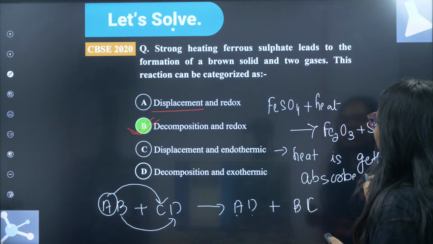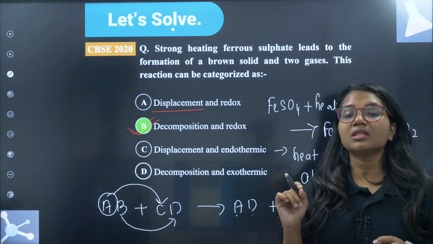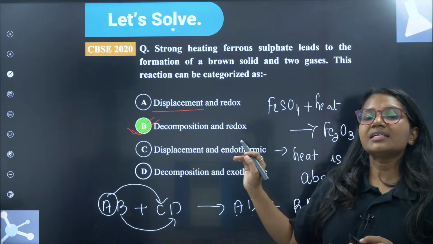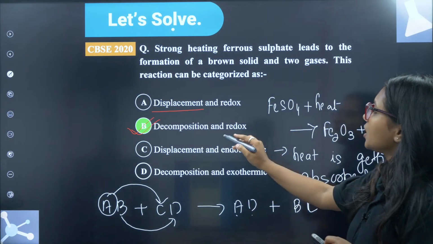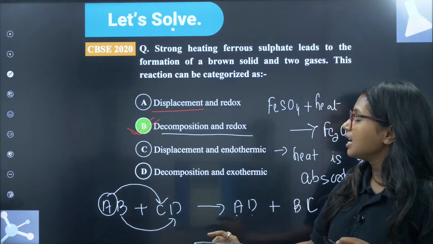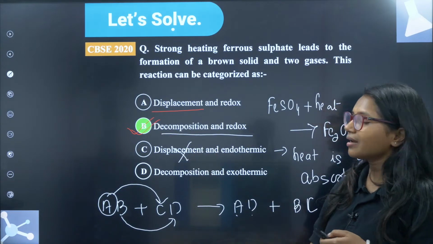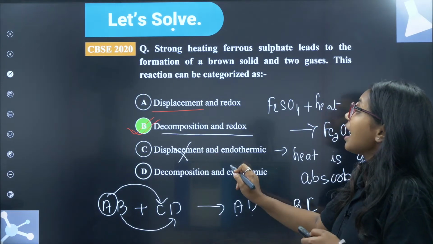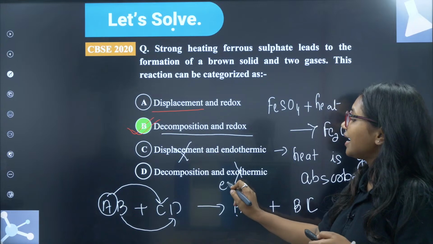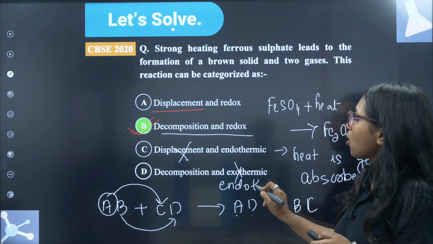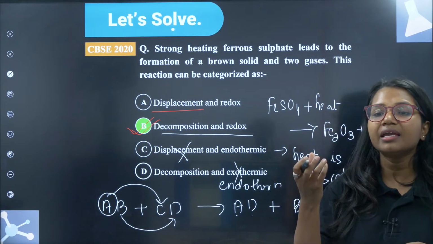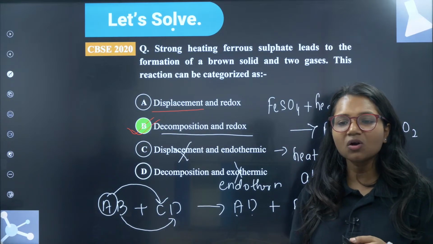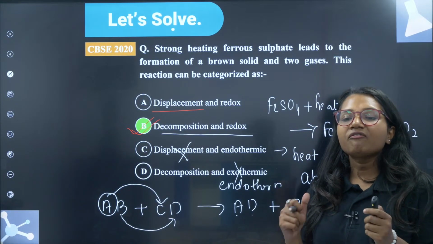Yes, so it means it should be an endothermic reaction. Did you guys understand how it is a decomposition and redox reaction? It is not a displacement reaction, it is not an exothermic reaction, it is an endothermic reaction, because to break something the heat is required. Understood? Yes? Okay, fine, very good.